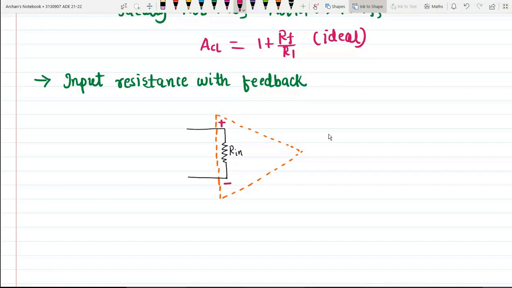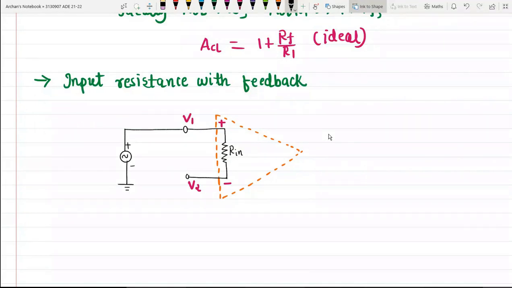Here we will have terminal voltages V1 and V2. Now the non-inverting terminal is provided with a signal voltage V in, and then it is grounded.